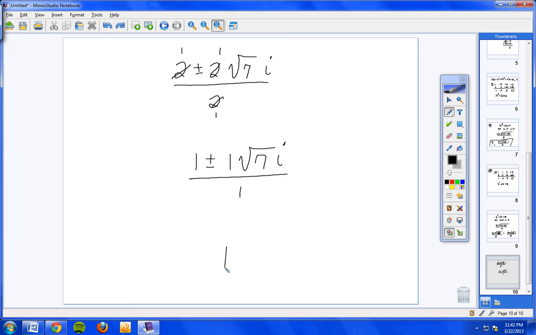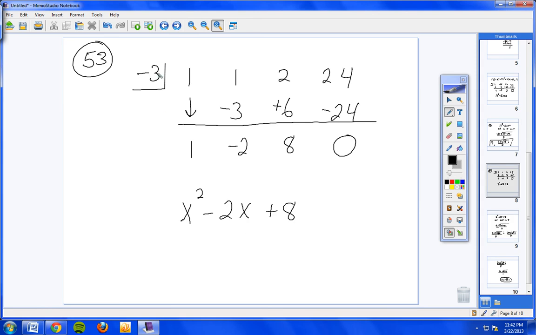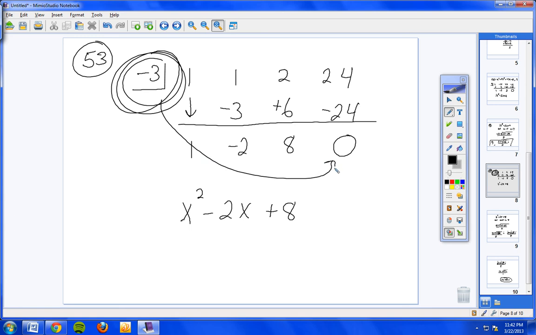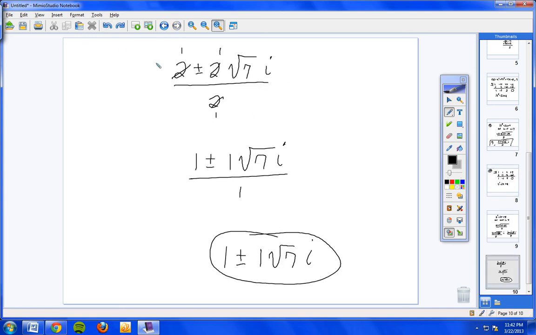I'm going to say 1 plus minus 1 square root of 7 i. So there's a couple zeros for you. And then don't forget they gave us one of the zeros way back here. Remember right here they told us negative 3 was one of the zeros and it gave us a 0 right here. Remember that? So we know also one of the zeros is negative 3. So there's your zeros, okay?